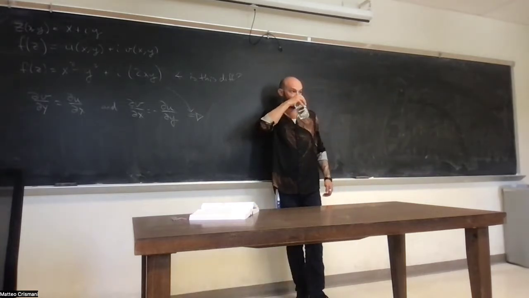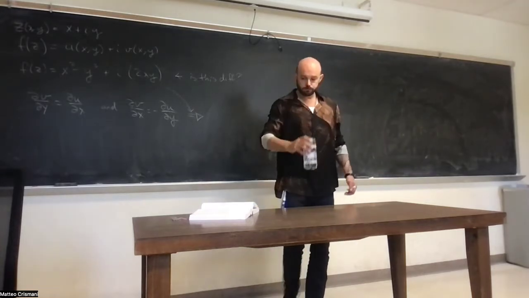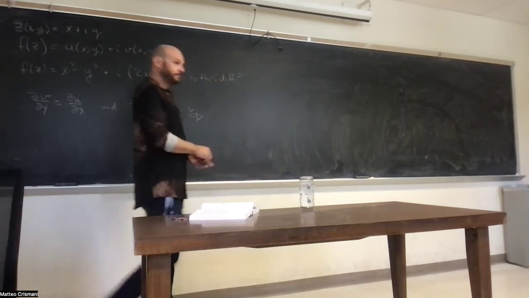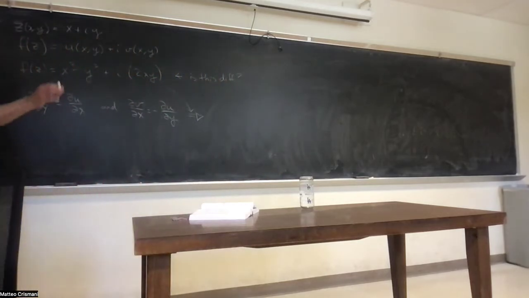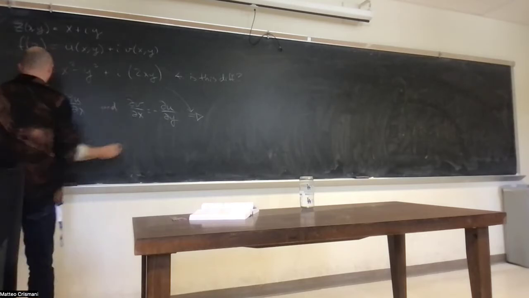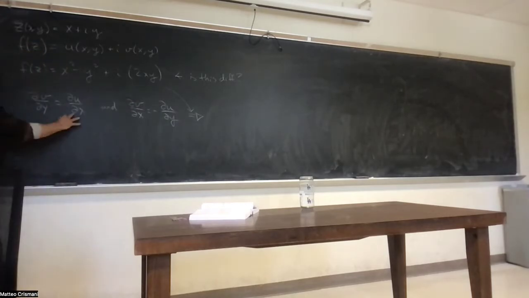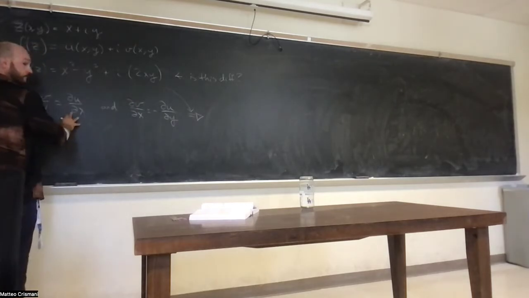Negative 2y is negative 2y, 2x equals 2x. Okay, good. So walk me through this. So this part here, that's dy, 2y. This is 2x. And this one? 2x.